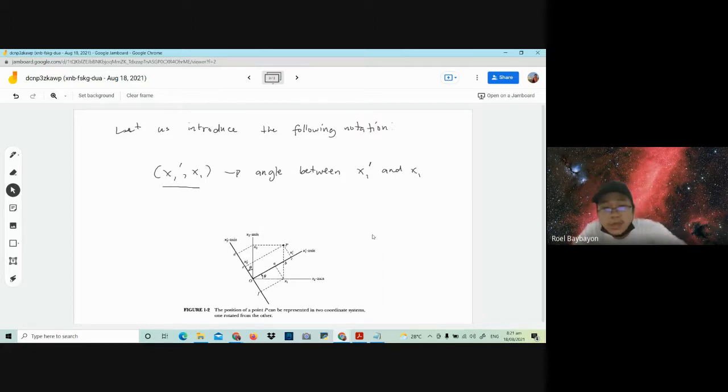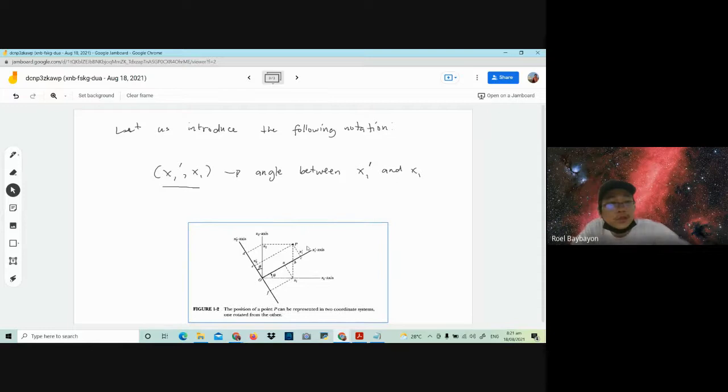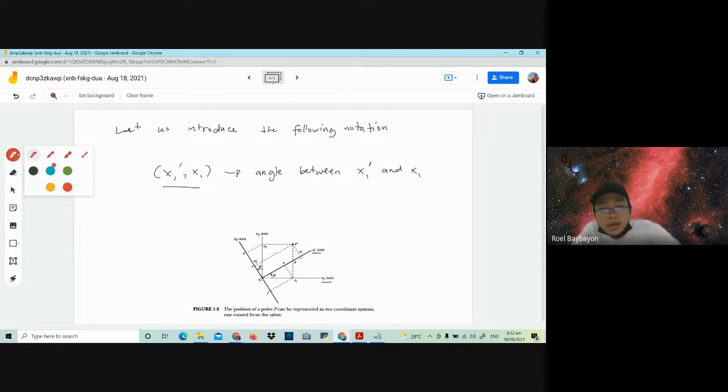So, this is my x1 prime and this is my x1. This notation is just equal to theta. As you notice from the figure, the angle between x1 and x1 prime is this one, and this is just equal to theta. So what is inside the parenthesis is just equal to theta. We only changed the notation so that later you can appreciate why we change the notation for the angle.